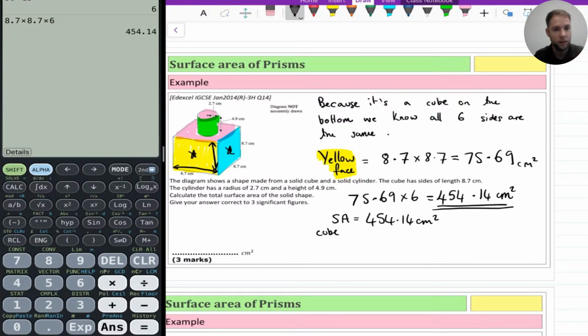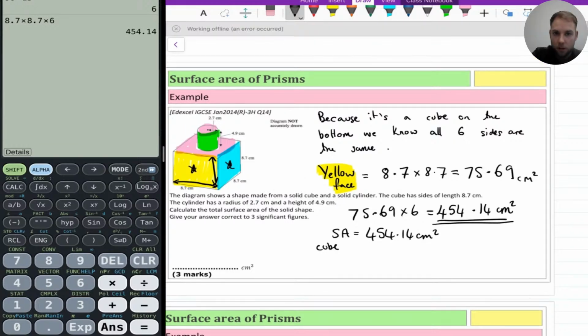Now, the thing that is missing in this one here is the green part, which is around that side there. So this part here is what's missing. Now we know, if I was to kind of unravel that, let's just unravel it here.